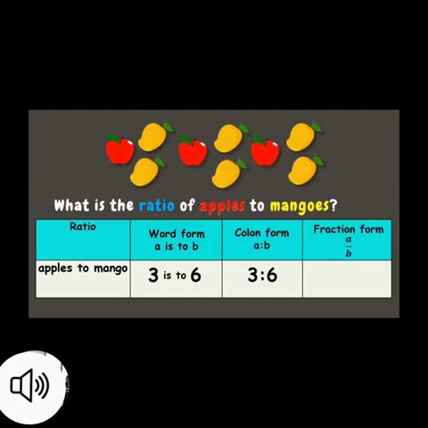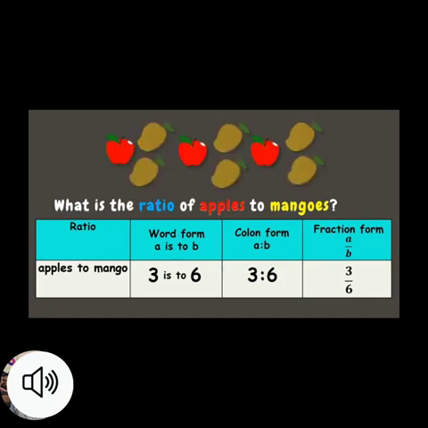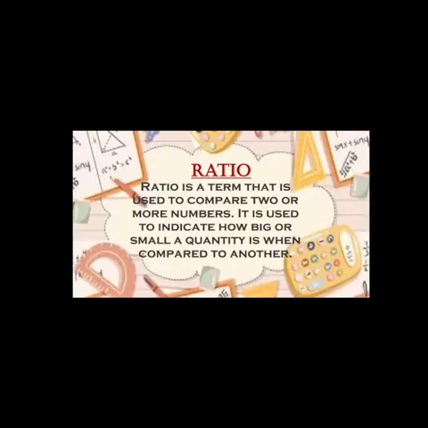Here, the first quantity serves as the numerator and the second quantity serves as the denominator, which means 3 by 6. We see that for every 3 apples, we have 6 mangoes. Remember, ratio is the comparison of 2 or more quantities.